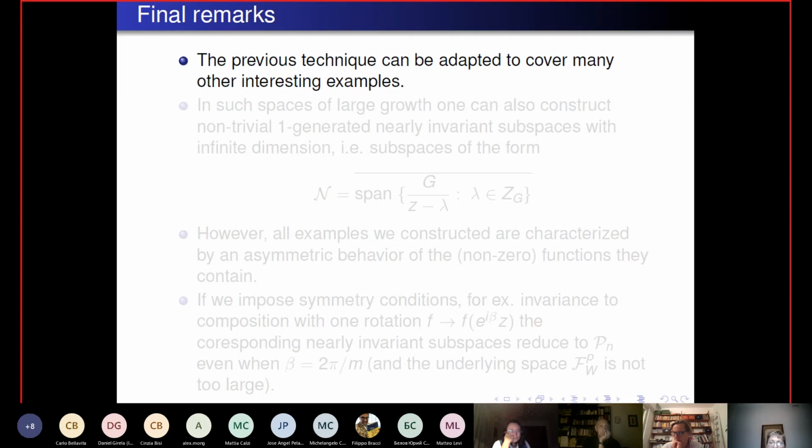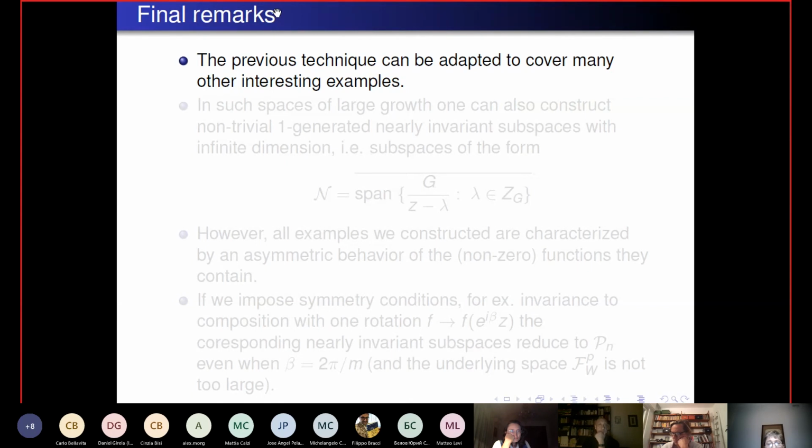So if you're on a line and you want to construct something like this, you should somehow impose conditions that the restriction of the function to the line belongs to some Hardy, or let's say a Paley-Wiener space. Then you can construct such examples as well.